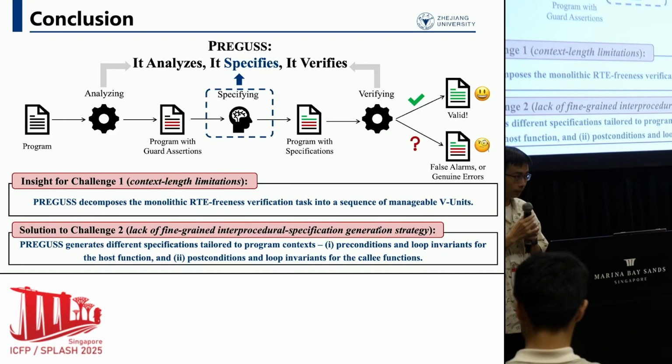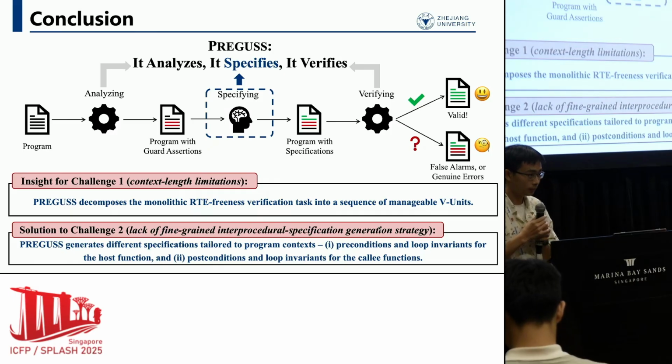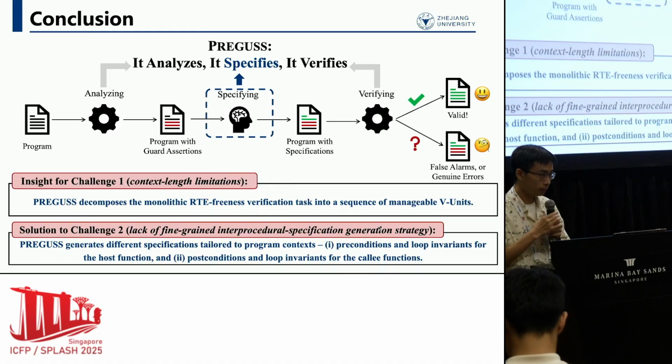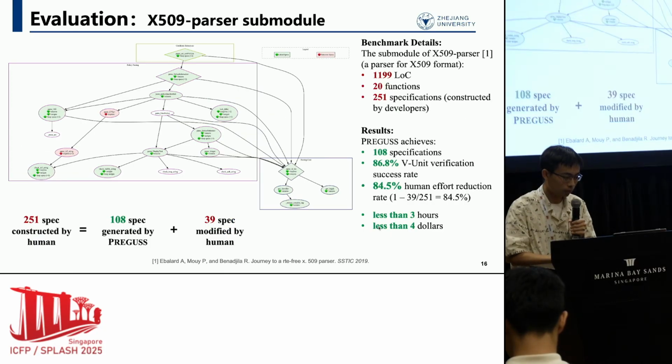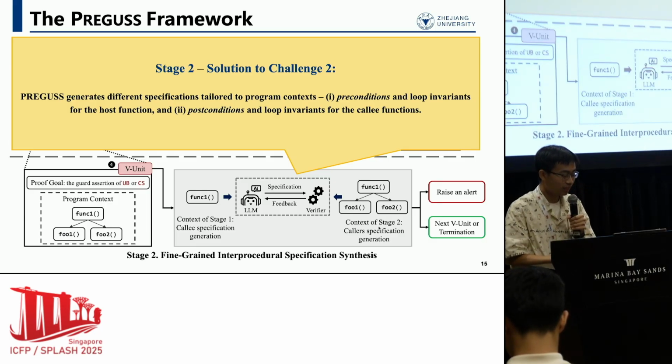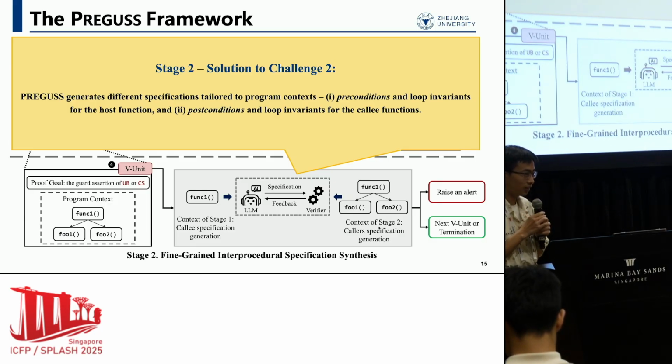So thank you for your talk. And I'd like to ask, if the specification generated by the large language model cannot be verified, do you give some feedback to the large language model to let it modify its specification, and what form is the feedback?